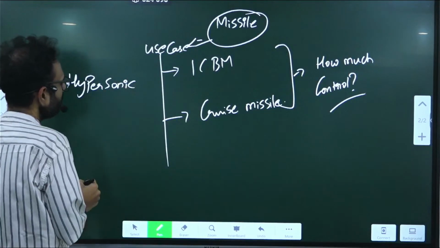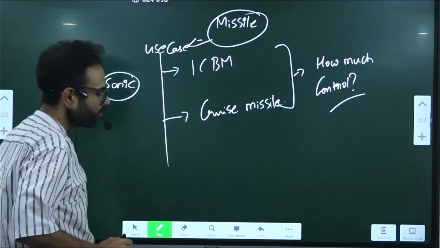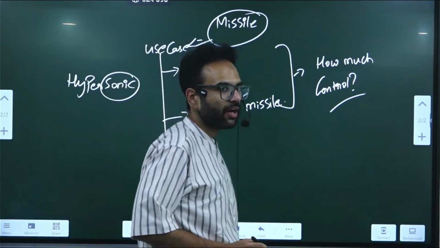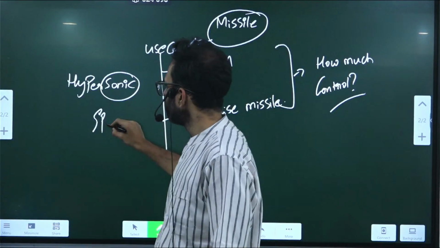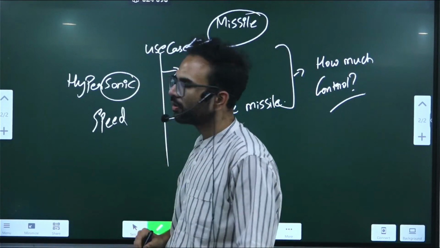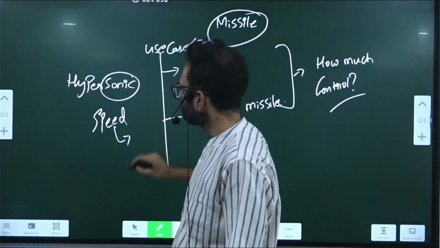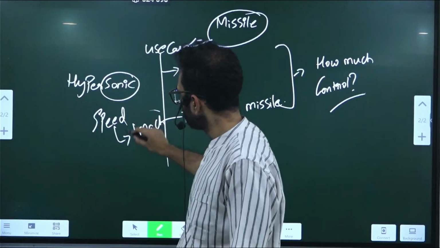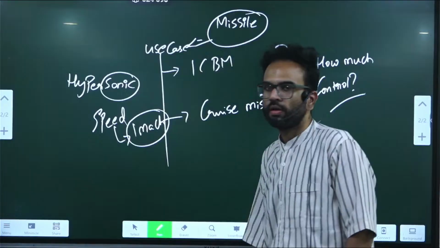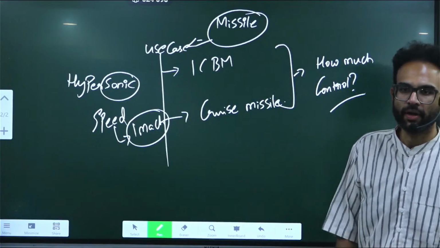Those who don't know the meaning of the word, let me break it down further. What is the meaning of the word sonic? Speed of sound. If a body is traveling at the speed of sound, that is 330 meters per second, it is said to be traveling at 1 Mach. Subsonic means less than the speed of sound.